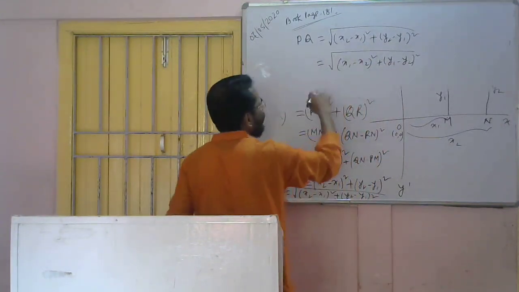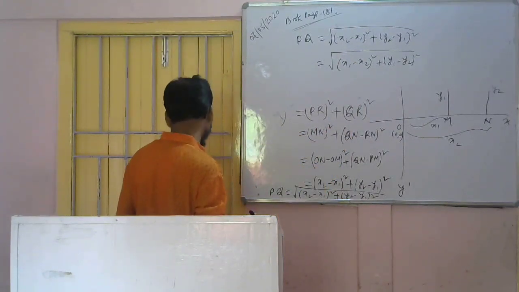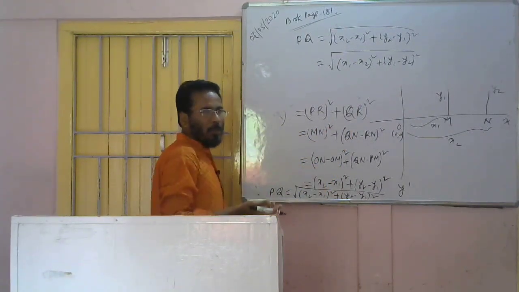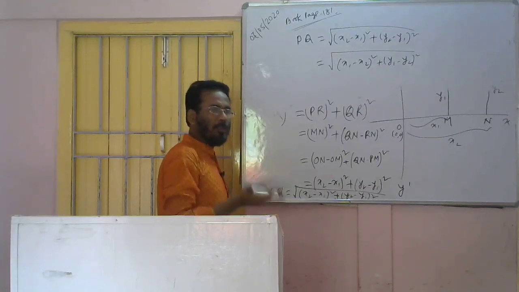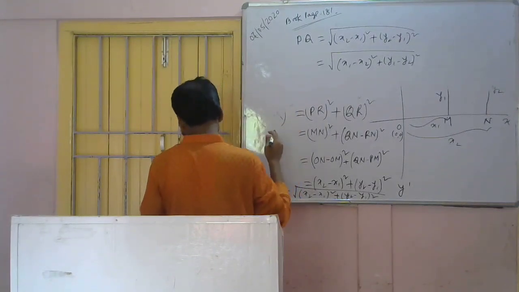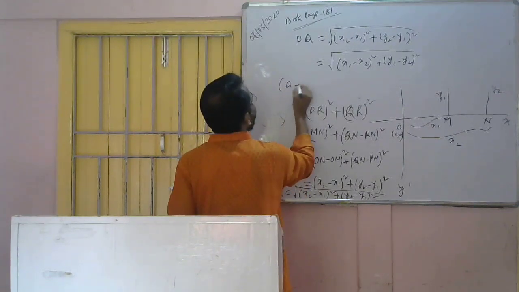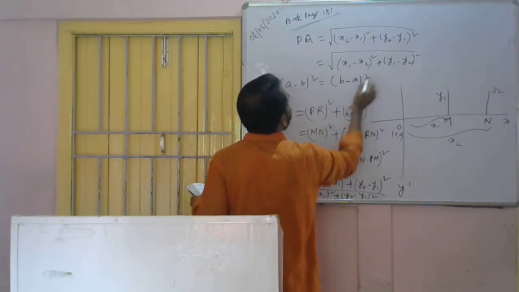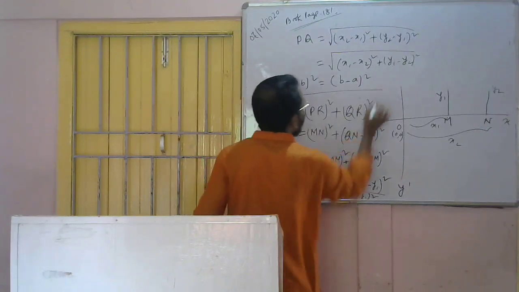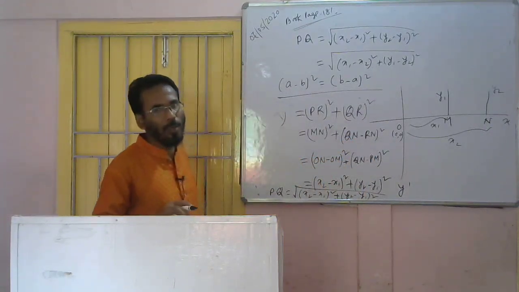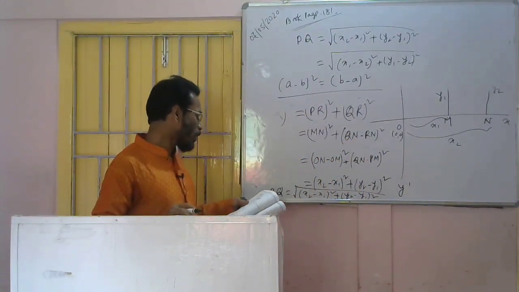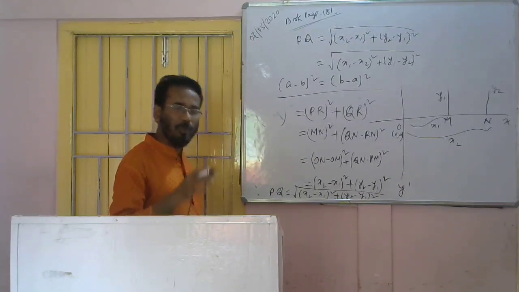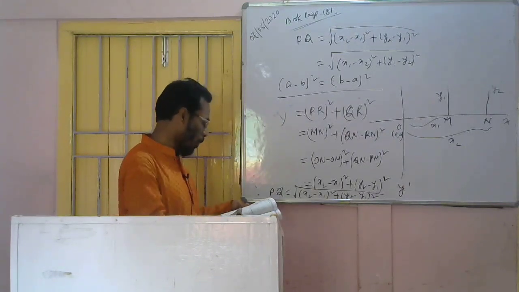Keeping x2 first or x1 first is no matter, because you know the square of a negative number is positive. As earlier, a minus b whole square is equal to b minus a whole square. So whichever you take first is no matter, because the square of any number is positive. If we take x2 first or x1 first, no problem.